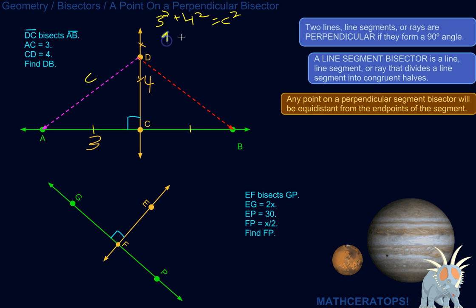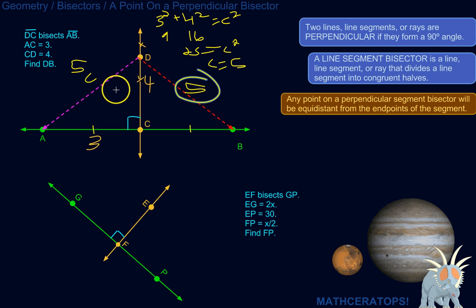So 3 squared is 9, 4 squared is 16, 9 plus 16 is 25. So 25 is c squared. So c is 5. 5 times 5 is 25. So this is 5.